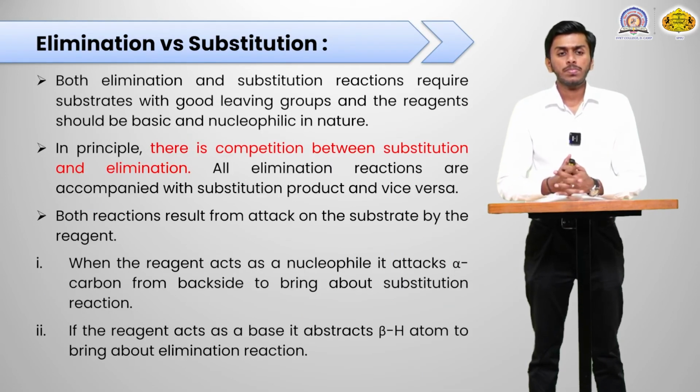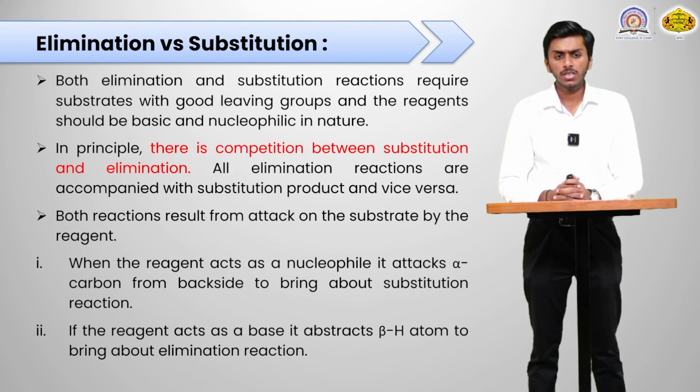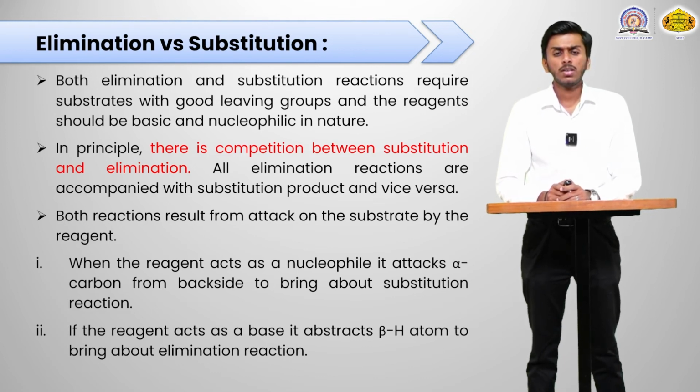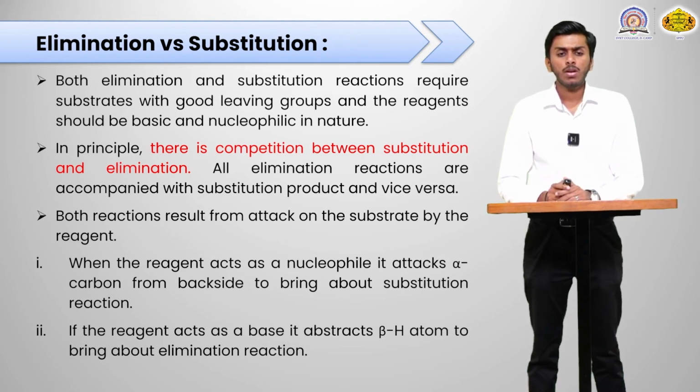Elimination versus substitution. Both elimination and substitution reactions require a substrate with a good leaving group, and the reagent should be basic and nucleophilic in nature. In principle, there is a competition between substitution and elimination. All elimination reactions are accompanied by the substitution product, and vice versa. Both reactions result from the attack on the substrate by the reagent.